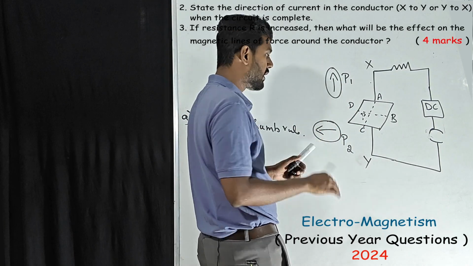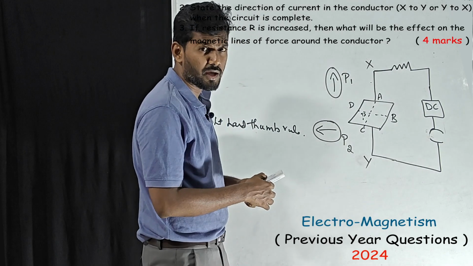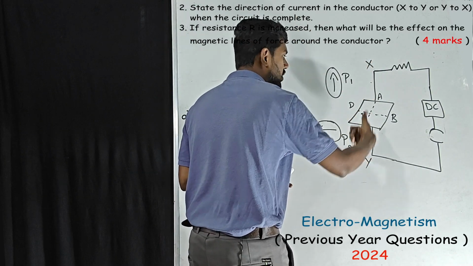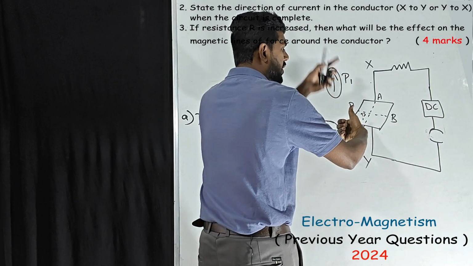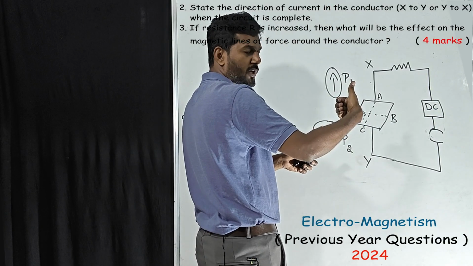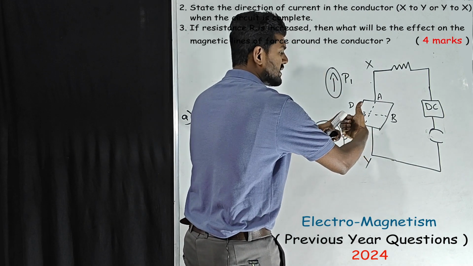First we will go for the wrong method. Assume the current is going from Y to X. So this is the current. If it is going from Y to X, we have to fold it. It is vertical, so we have to hold it like this. Now see, assume the current is moving from Y to X. So where is the direction?